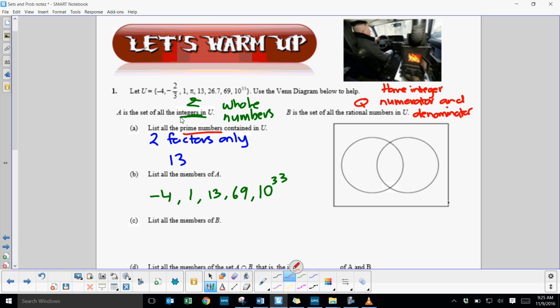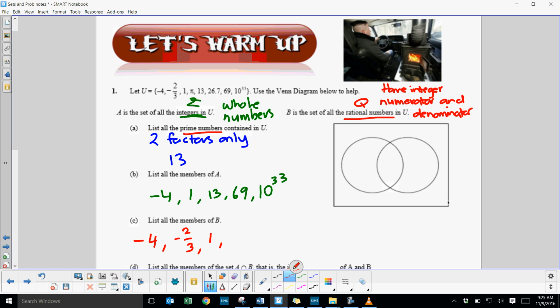Then in question C, list all the members of B. And remember, B is the rational numbers. So this is a bit more open. It's going to include all the integers that you listed in green above, plus some other numbers that are not irrational. So it's going to be kind of most of the set, to be honest. -4, -2/3 because it's a recurring decimal, like -0.6 recurring. 1, of course, is rational.